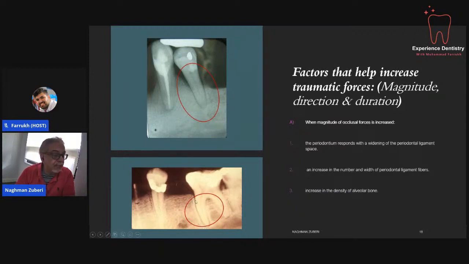So when you see a condition where there is a widened periodontal ligament and the alveolar bone, or lamina dura, is also thickened, it means the person has some trauma from occlusion. Another thing you will see, without any periodontal involvement or pulpal involvement, is that the furcation area is also going to have some radiolucency. These are all indicative of trauma from occlusion.